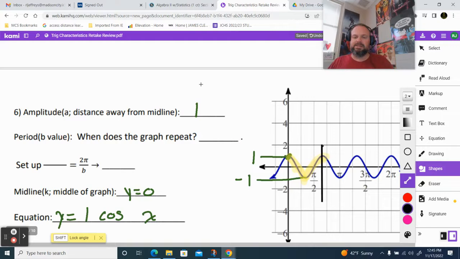Somewhere between pi over 2 and 3 pi over 4. This is like 3 pi over 5, I don't know. That's why this one is not a good one. I thought it was, and apparently it's not.